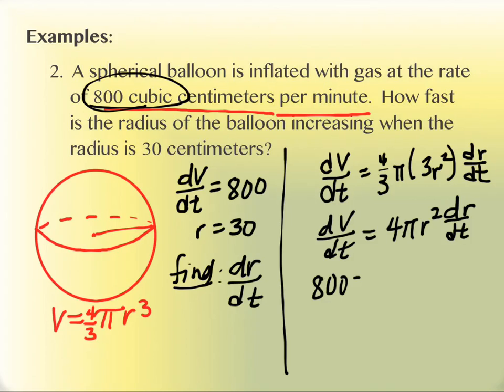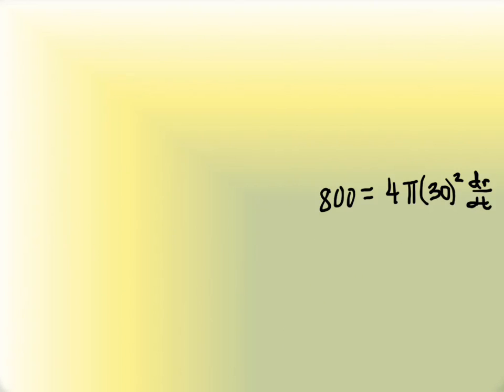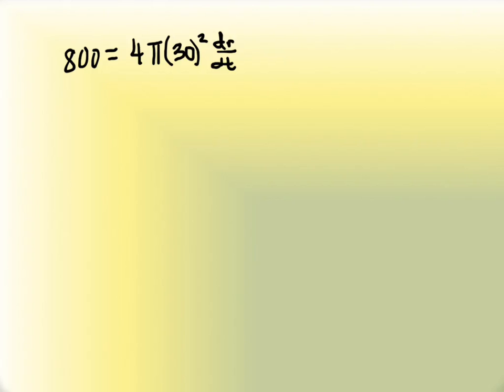All right, so this is 800 equals 4 pi. The r is 30, so it's 30 squared dr dt. So I have 800 equals 4 pi times 900.